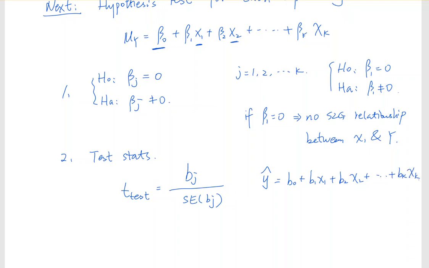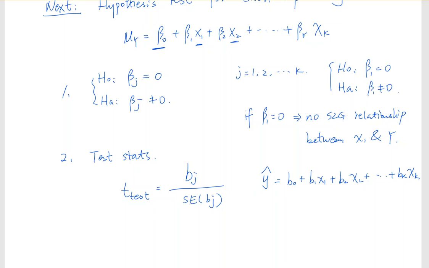If you are testing beta 1, you use b1 divided by the standard error of b1. If you are testing beta 2, you use b2 divided by the standard error of b2, right?